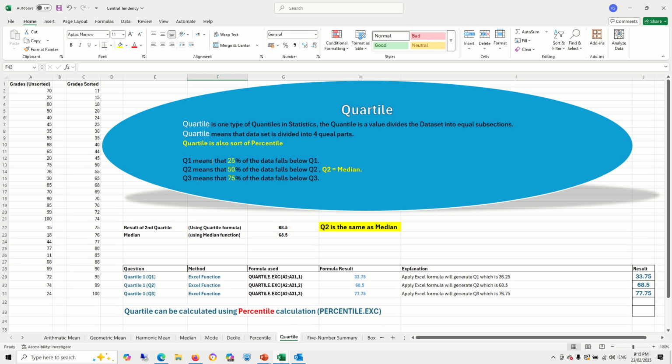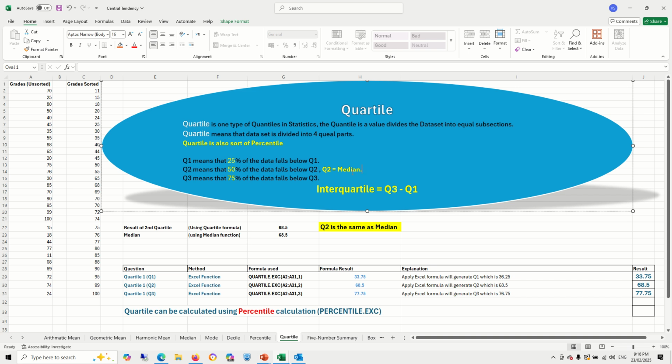So you have to note that the quartile is also sort of percentile. Why? Q1, which is quartile 1, means that 25% of the data falls below Q1. Q2, which is the second quartile, means that 50% of the data falls below Q2.